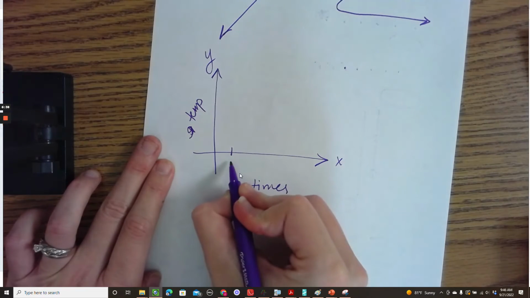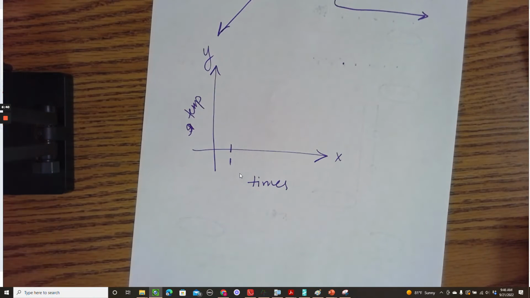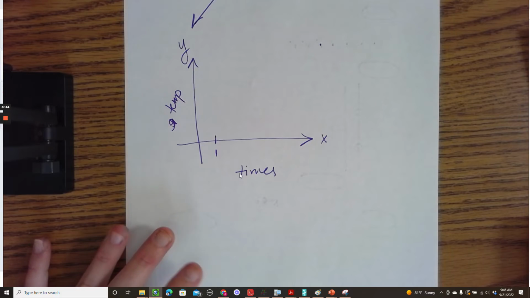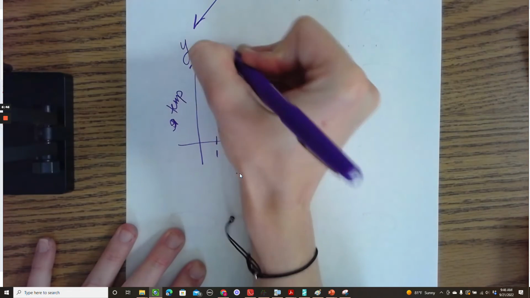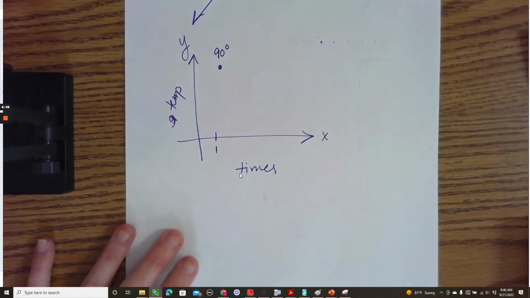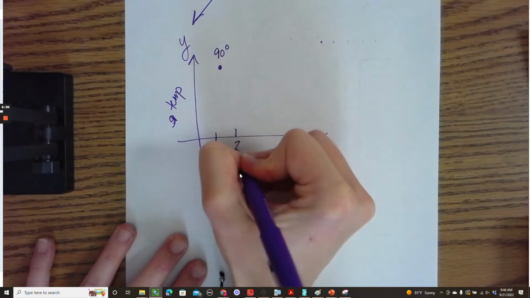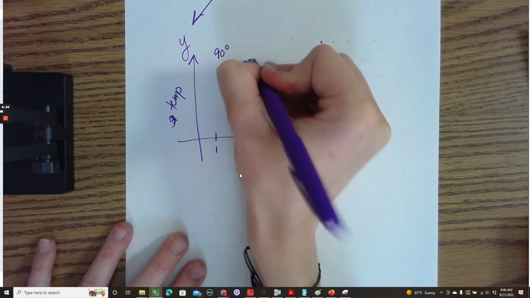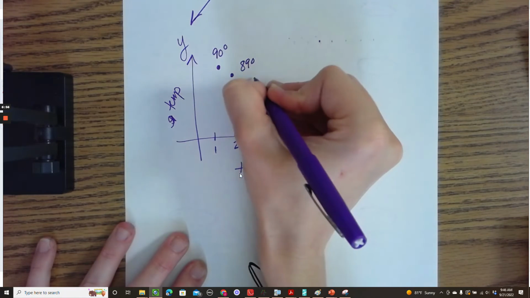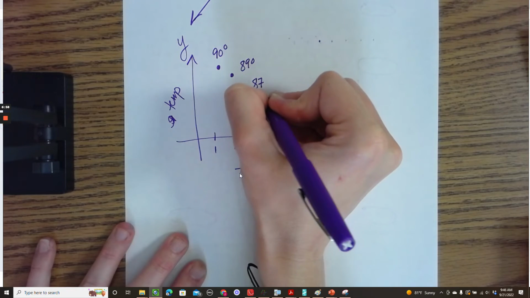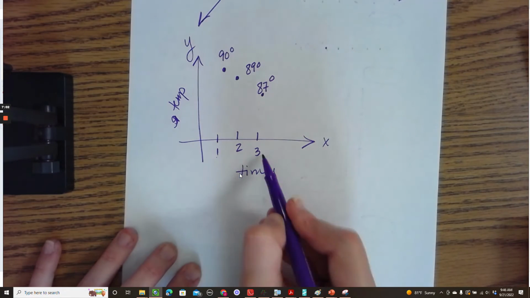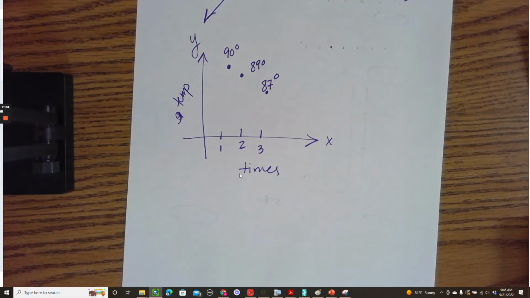At the 1 minute mark, it's 90 degrees. So we'd put a point at 90 degrees. At 2 minutes, it's 89 degrees. 3 minutes, 87 degrees. So my X's are down here at any point in time.